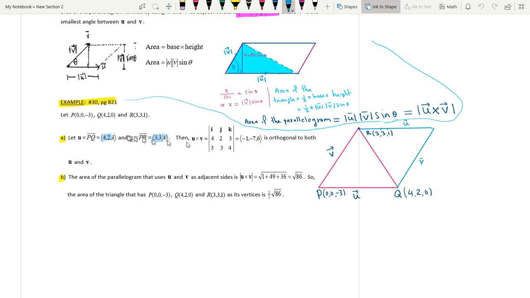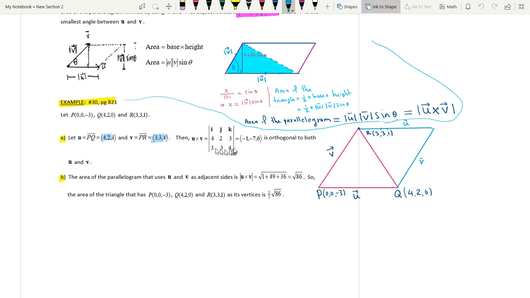So 4 minus 0 is 4, 2 minus 0 is 2, 0 minus -3 is 3. So u is (4, 2, 3). Similarly, PR equals v would be 3 minus 0 is 3, 3 minus 0 is 3, 1 minus -3 is 4. So v is (3, 3, 4).